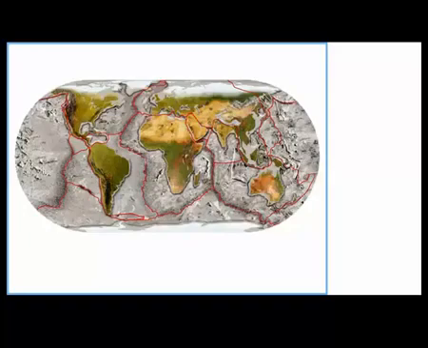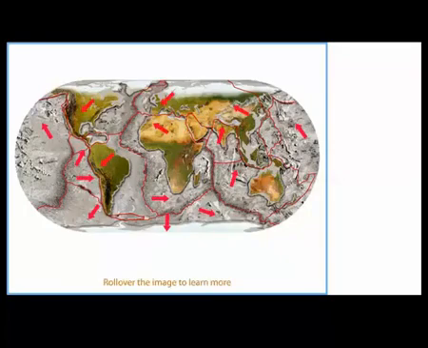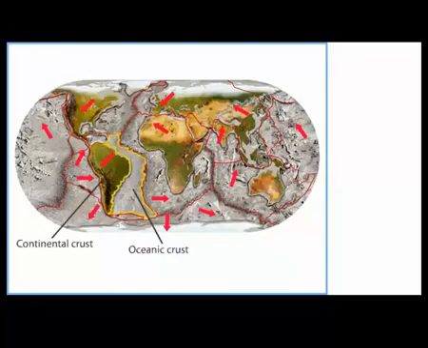The Earth's crust is broken up into jigsaw-like pieces called tectonic plates. This map shows the major tectonic plates and their relative direction of movement. Notice that many tectonic plates include both continental and oceanic crust.